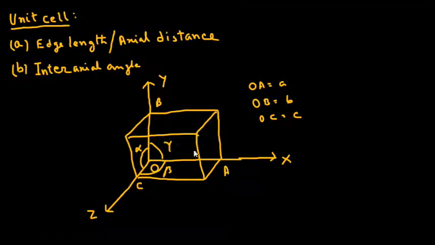So this angle is gamma. I hope this part is clear. What is unit cell and what are the parameters of the unit cell? Good. Now let us go to the next topic.